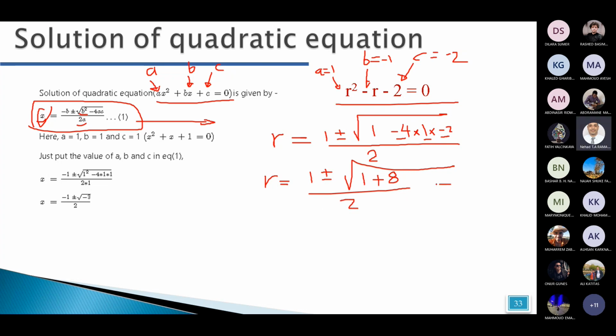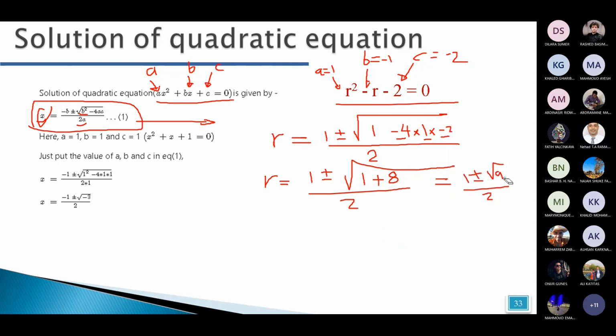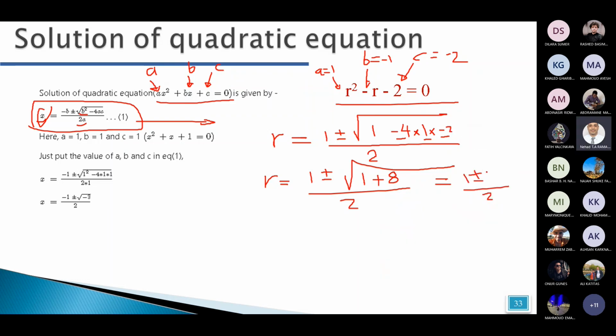So it's equal to 1 plus minus root 9 divided by 2. Root 9 is actually 3, so plus minus 3.